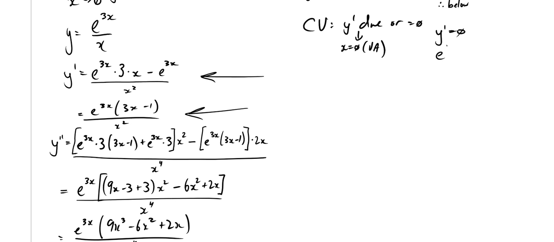That's when e to the 3x times (3x minus 1) equals 0. e to the 3x will never equal 0. We've already talked about that. So therefore, x equals 1/3. It's just that other bracket. That's the only one we have.